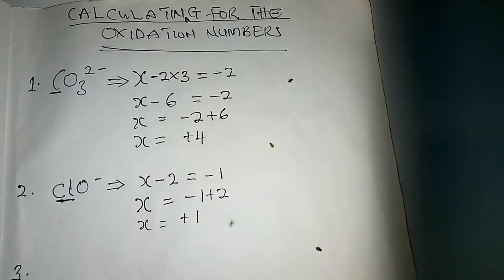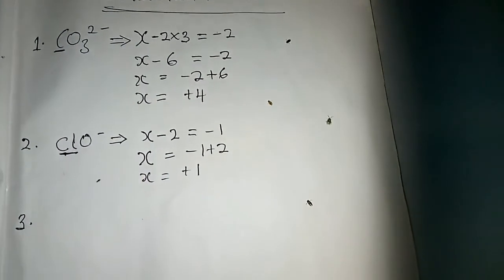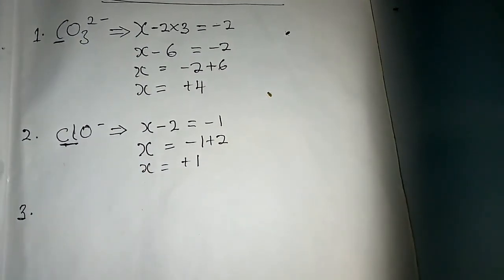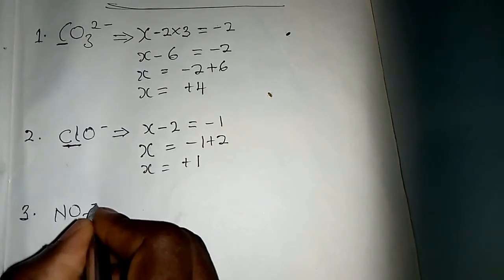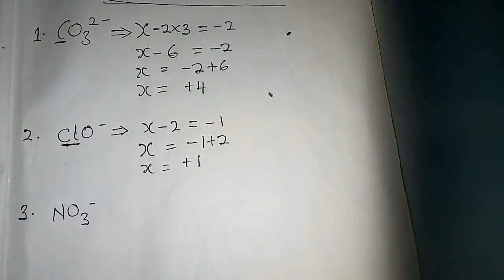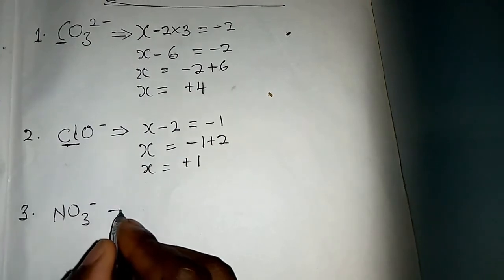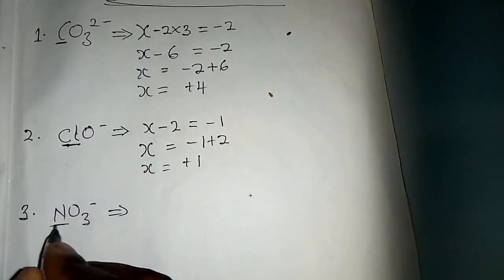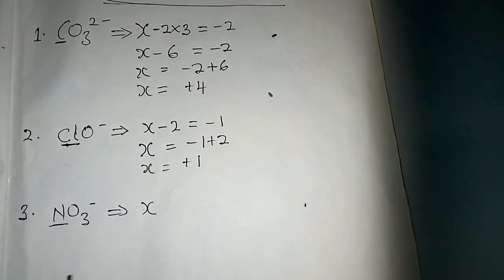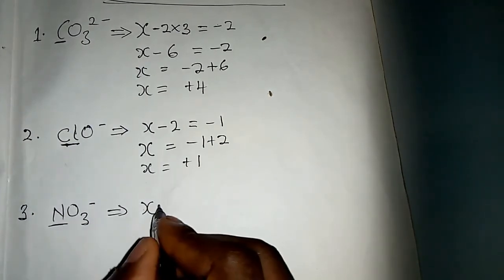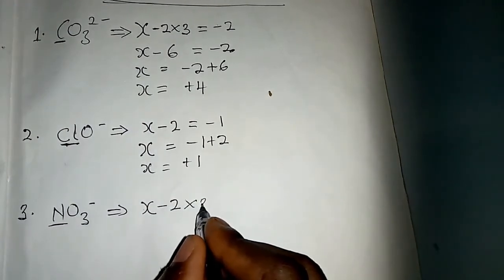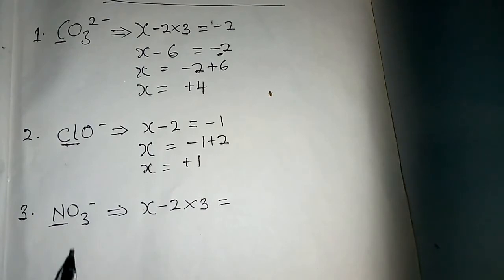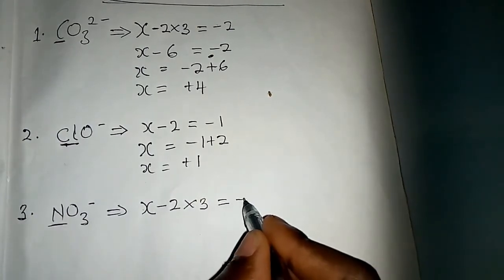I know that by the end of the last example, everybody will be able to find the oxidation number for every element. This one is NO3 minus. Okay, so all that we know, the rule is the same. This is the central atom N, so we replace that one by X here, and then the oxidation number of oxygen is minus 2, so minus 2 times the subscript, which is 3, should give you the charge, that's negative 1.